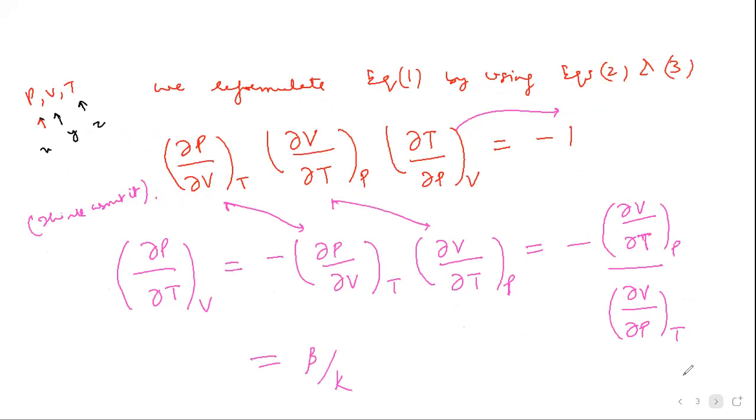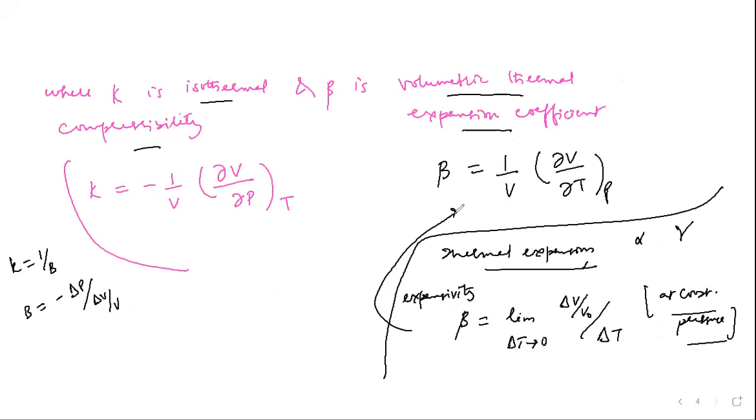How? You check it. If you divide this beta by this K, the 1 over V will cancel, and you will get minus dou V by dou T at constant P over dou V by dou P at constant T, which is the same.